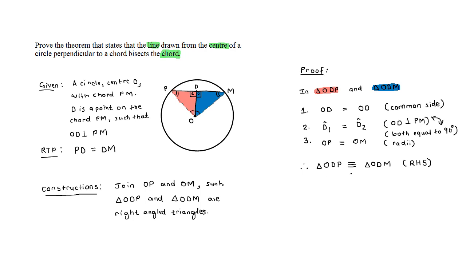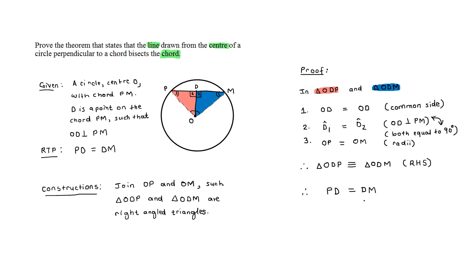Okay. Now, because these two triangles are congruent, every single aspect of these two triangles is equal. So all the three angles in the two triangles are equal. All the three sides are equal. You already saw that the hypotenuses are equal, and you have this common side. So then therefore, PD must equal DM.